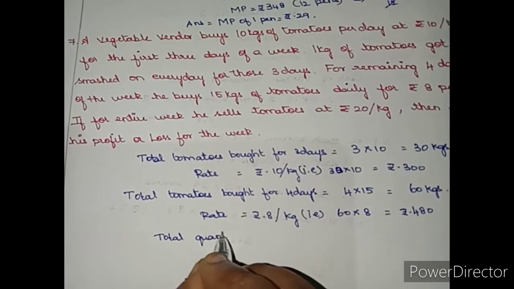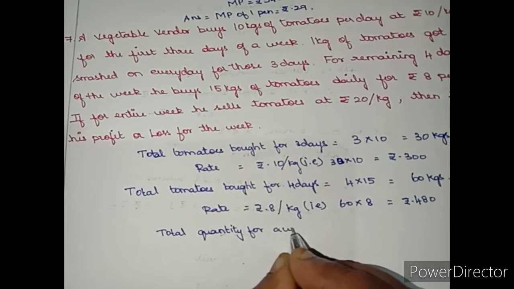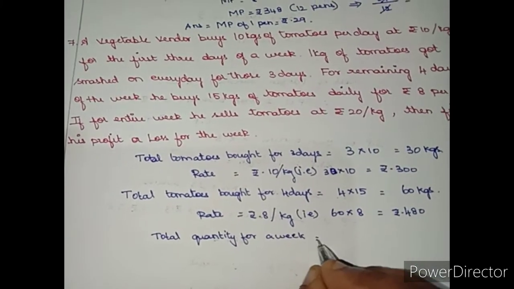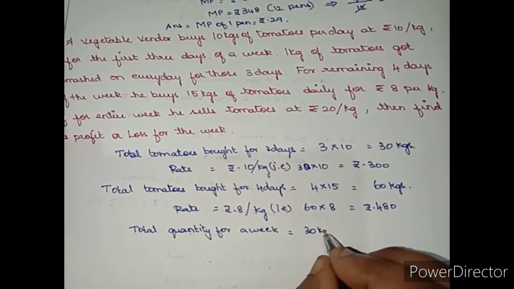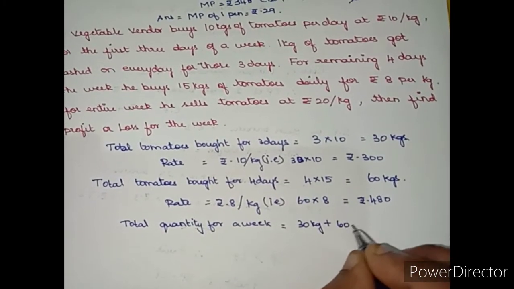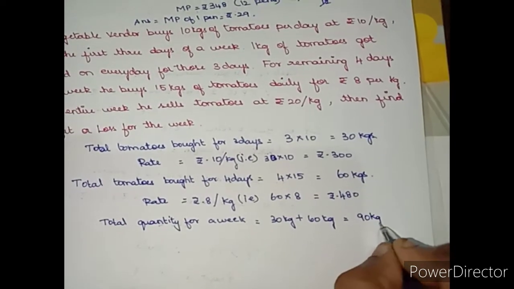Okay. So totally quantity for a week is equal to 30 kg plus 60 kg is equal to 90 kgs they are buying.